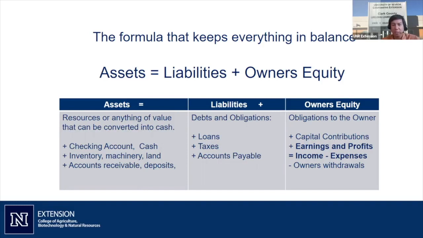What are the earnings? The income minus the expenses. So this equation, assets equals liabilities plus owner's equity, also includes the income and expenses. Why? Because it is embedded in the owner's equity.